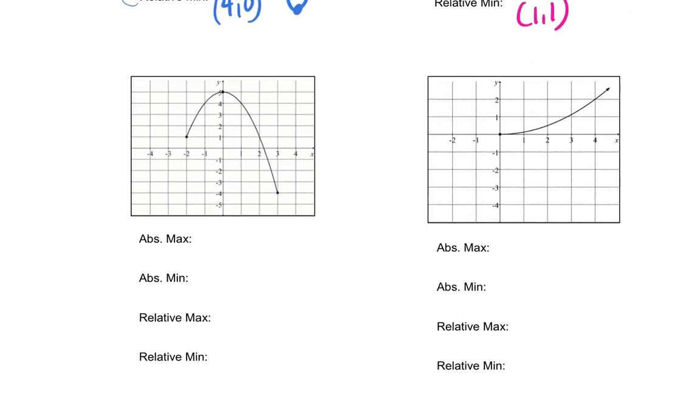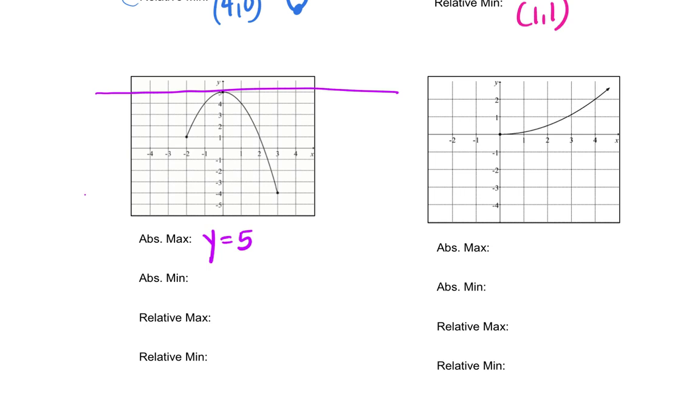Absolute maximum. What is the absolute maximum value that this function can be? So the very tippy top of this is y equals 5. And there are no arrows because we have points. So this one has a minimum.